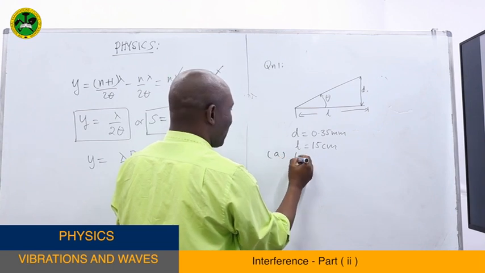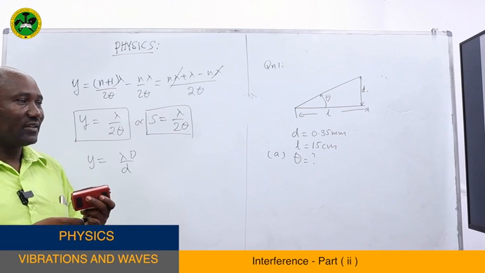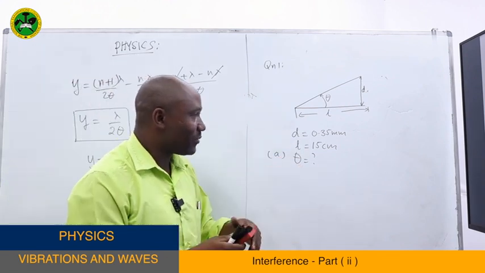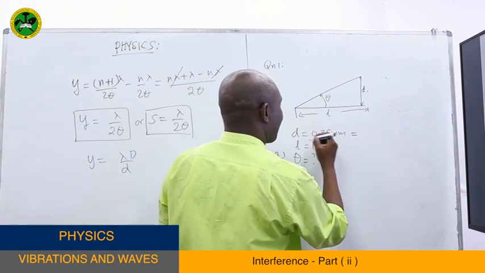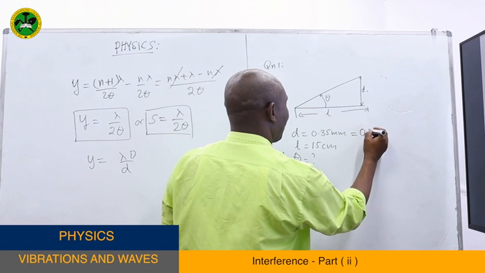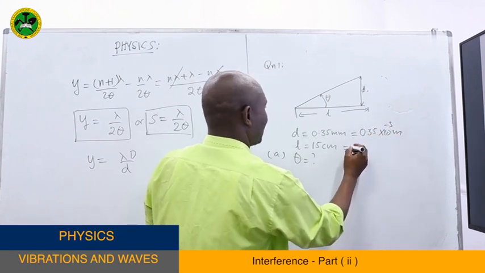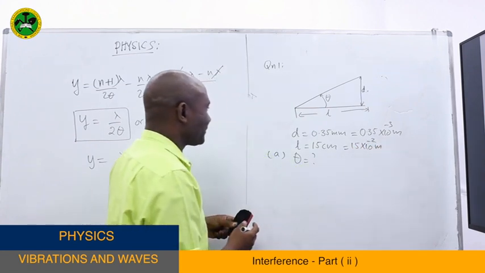You are looking for the angle between the plates, which is the angle of the wedge. That angle should be in radians. You are supposed to convert these units so that they have the same SI unit: 35 times 10 to the negative 3 meter for D, and 15 times 10 to the negative 2 meter for L.